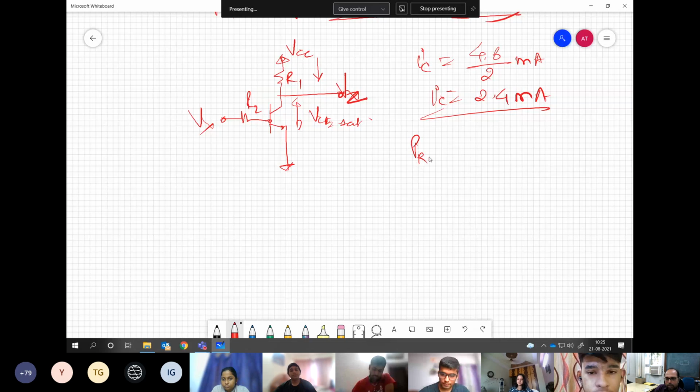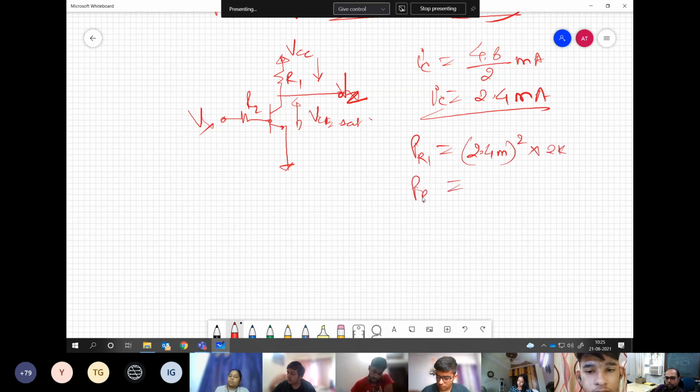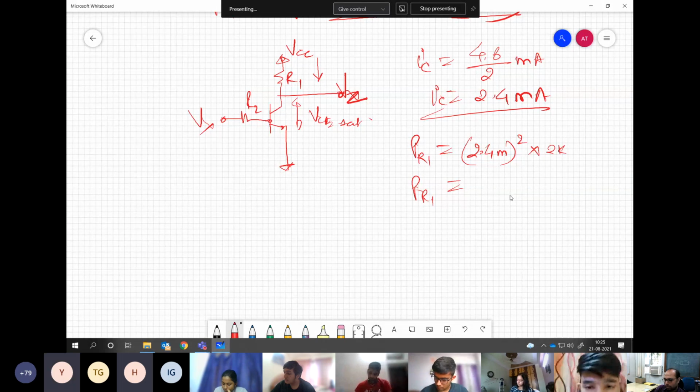Now, what is the power loss in resistance R1? Quickly compute. How much is this? 11.52 milliwatt.